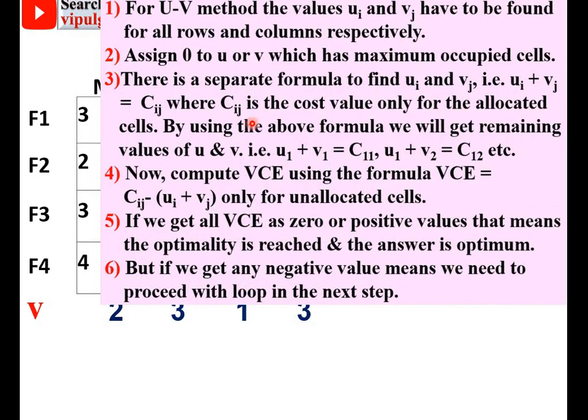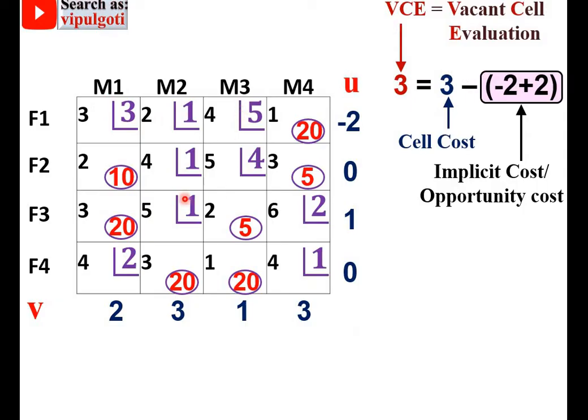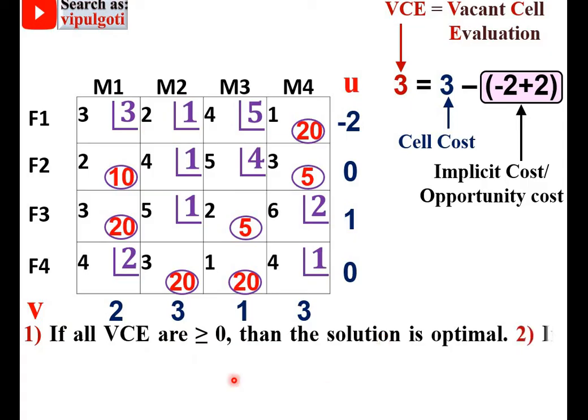Now once again look at this step. If we get all VCE as 0 or positive values, that means the optimality is reached and the answer is optimum. So look at all these VCE values. Here all VCE are positive. You should remember the very important 3 conclusions of the Modi method.